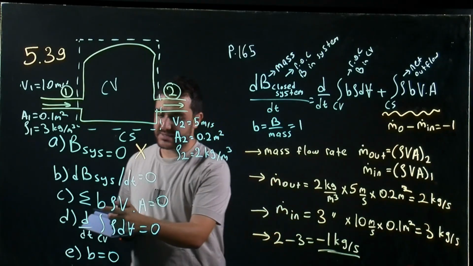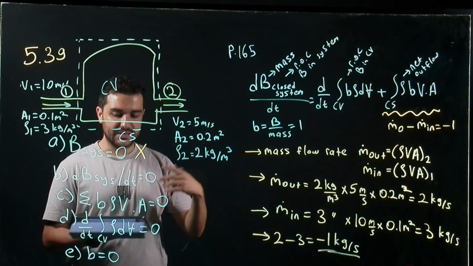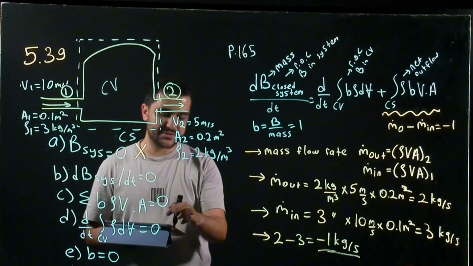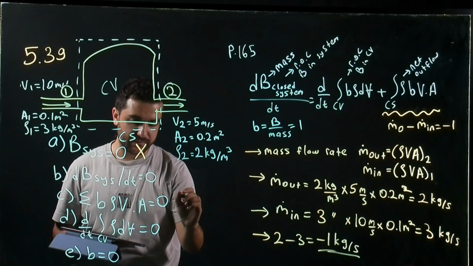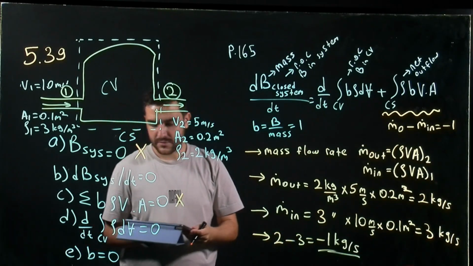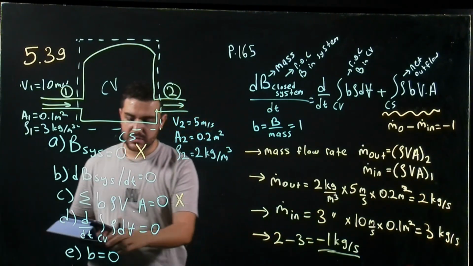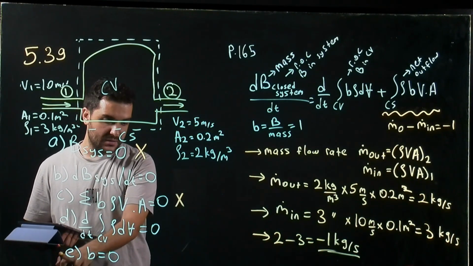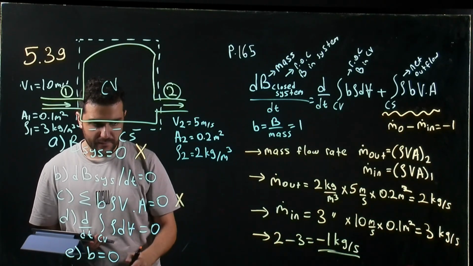Therefore, here it says the total mass flow rate or net mass flow rate is 0, but it is wrong because we already calculated it as -1. And we can also focus on E, and in E it says b is equal to 0.